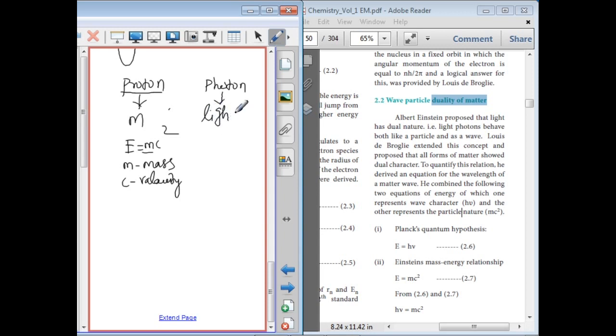Light. Light doesn't have a mass. It has only energy. So how to calculate the energy of the photon? From the Planck quantum equation, E equals h nu. H means Planck's constant.